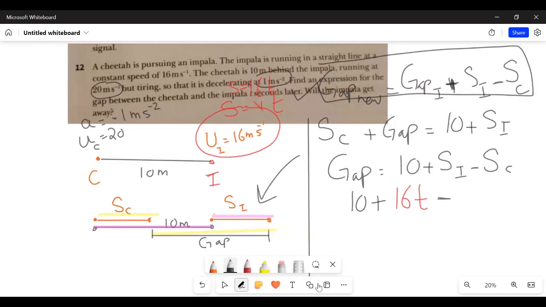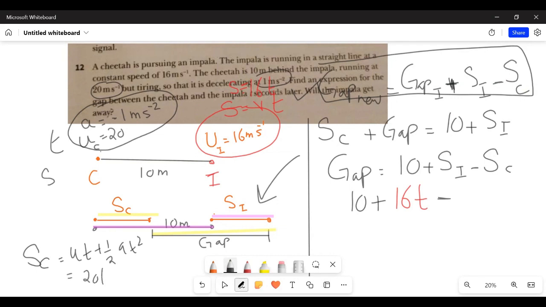the distance covered by the cheetah. So for the cheetah, we know that a is -1, initial speed is 20, time is just t because we're giving our answer in terms of t, and we have to find the distance, S. So we can use ut plus half at square. So it's going to be 20t plus half times -1 times t square.